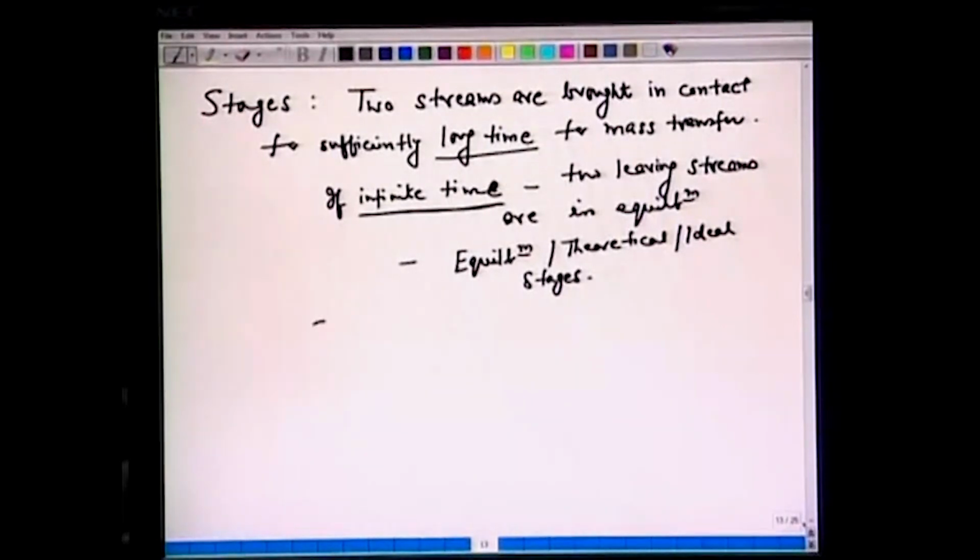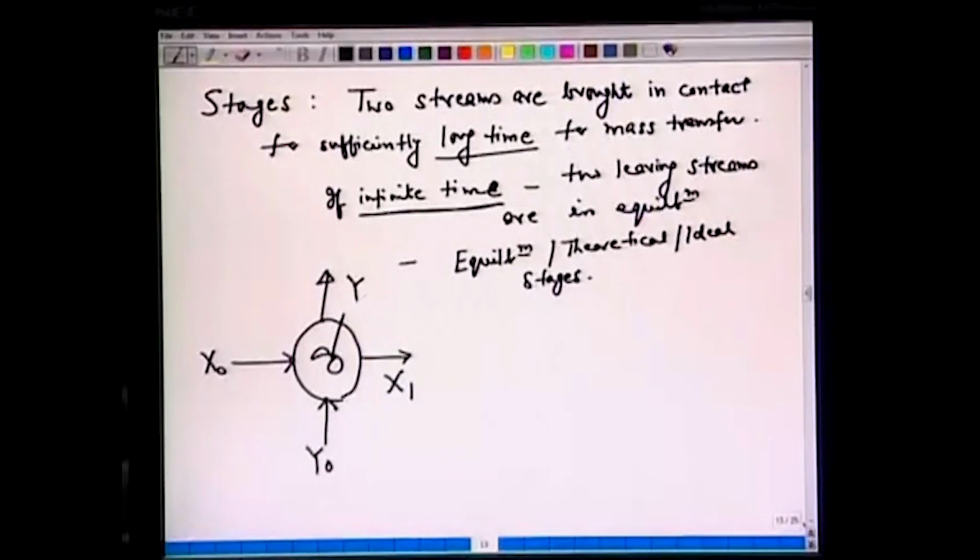So, we are talking of a device like this. One stream is brought in contact with another stream. This has mole fractions x0, and this has mole fractions y0. Here they are uniformly mixed, and when they leave, we have the mole fraction x1 and the mole fraction of the second stream as y1.